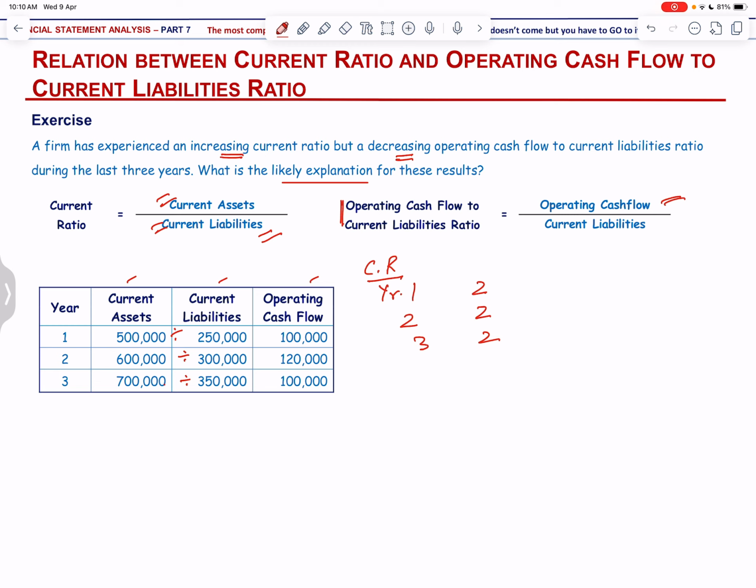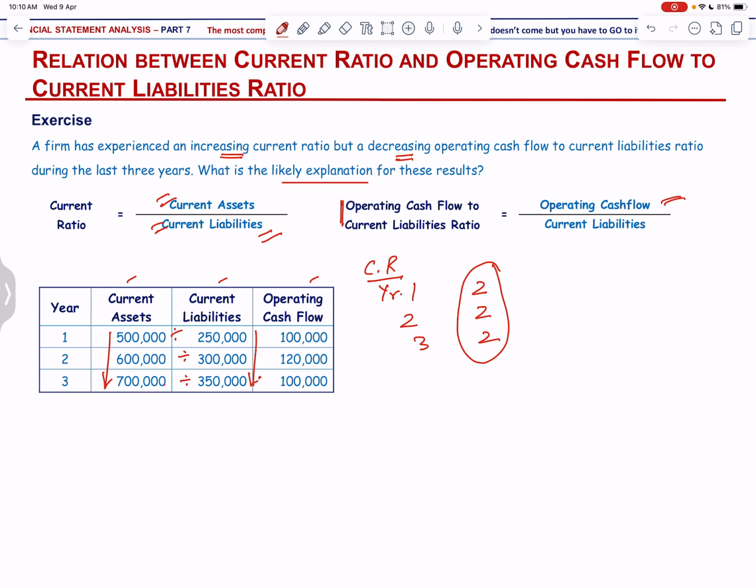So what we can see is that the current ratio remains the same, and this is due to the consistent increase in the current assets, as well as current liabilities are also increasing during this period. So that's why they are able to maintain the same ratio over the years. Although in this specific example, it remains stable, that is 2 for each year, in practice, this may increase further.